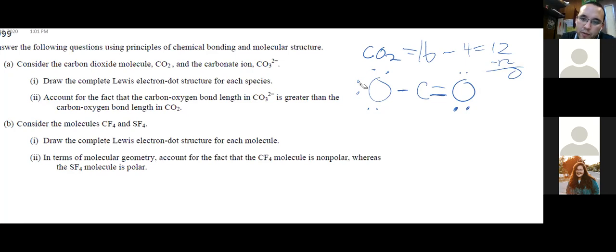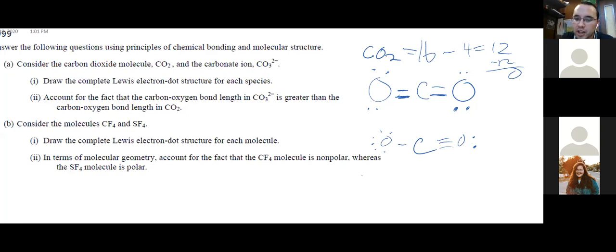Right. Now, why do we do it from the other side instead of just making a triple bond? Why wouldn't we just do a triple bond like this? It's because of the assigned charges, the formal charge. Very good.